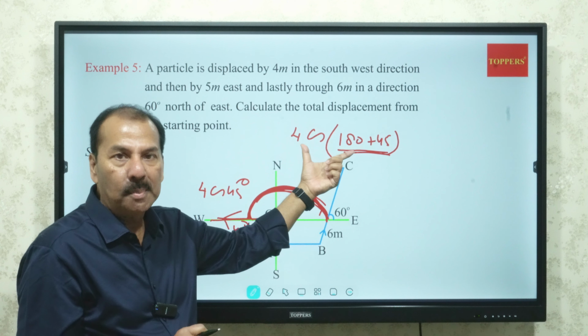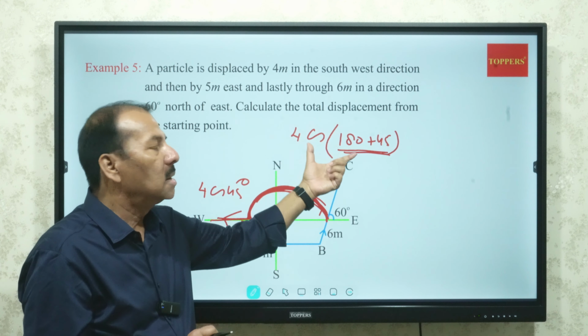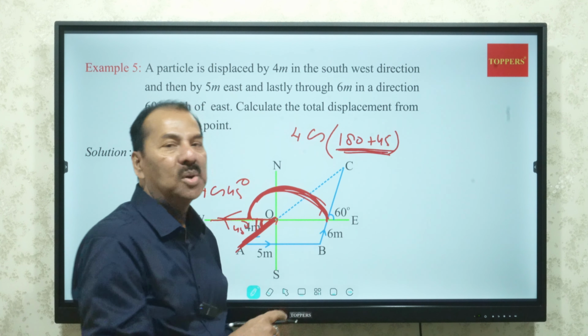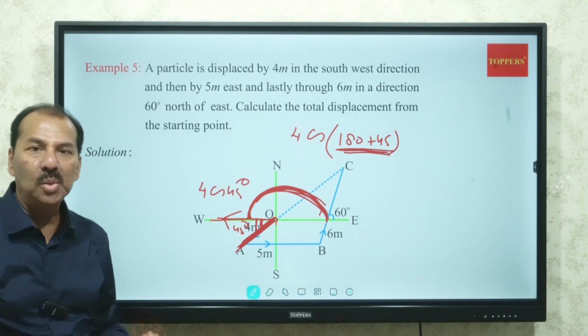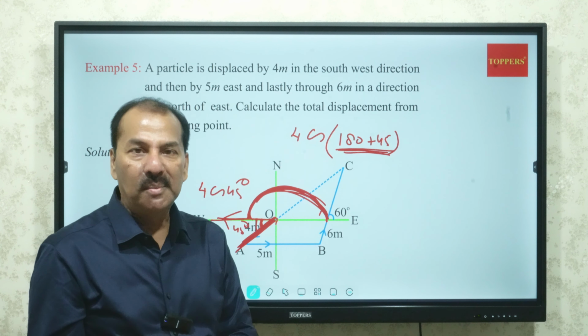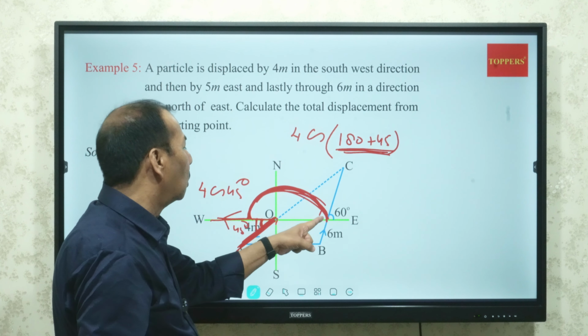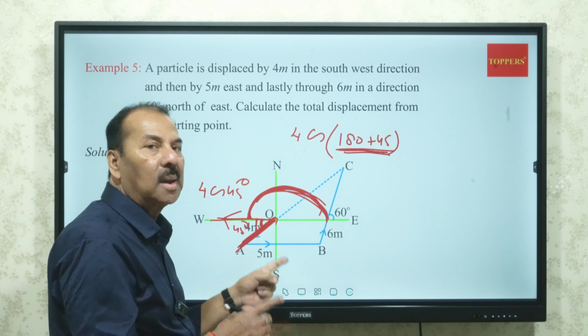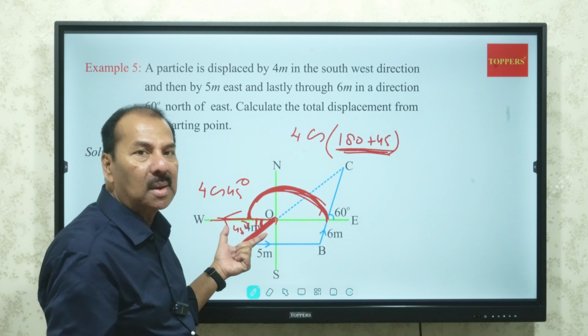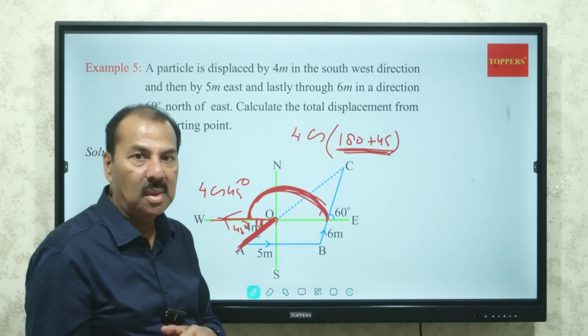So this is an approach you can do, but unnecessarily you will be confusing yourself, because for calculation of any trigonometrical function as far as obtuse angles are concerned, we always get confused. So just to avoid that confusion, why should I go for this 180 plus 45, then I will get the minus sign, and then I will say that it is towards the negative x-axis, not the positive x-axis.